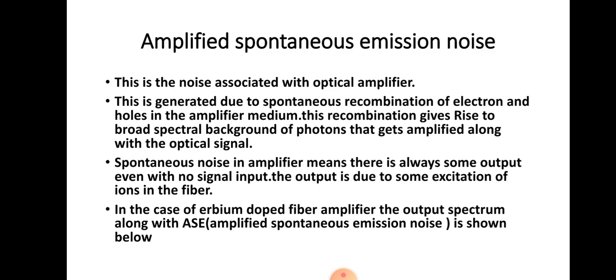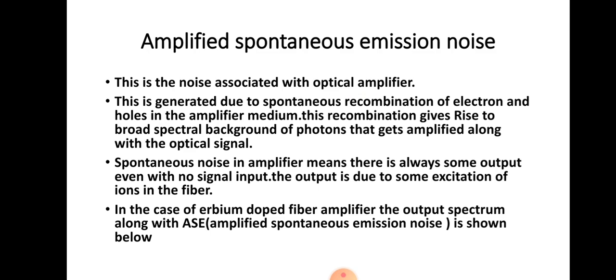So, this amplified spontaneous emission noise is generated due to the spontaneous recombination of electrons and holes in the amplifier medium, and this recombination gives rise to a broad spectral background of photons that gets amplified along with the optical signal.